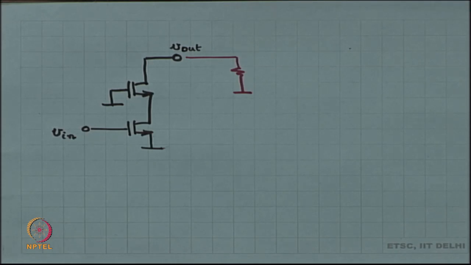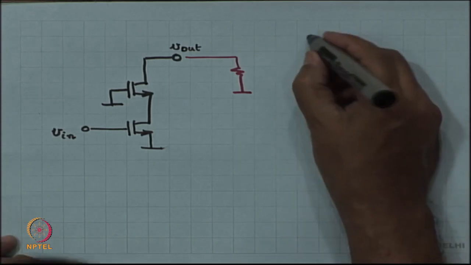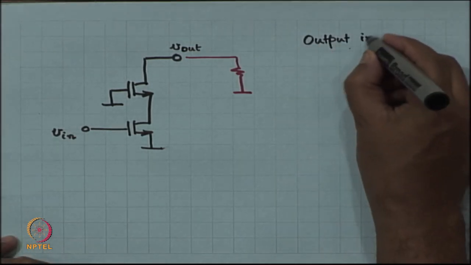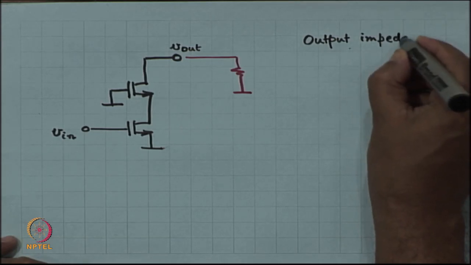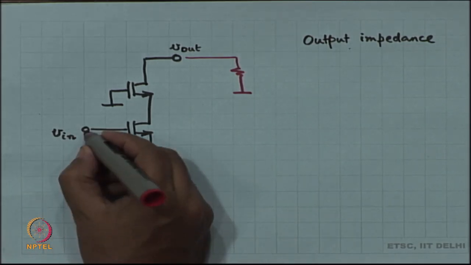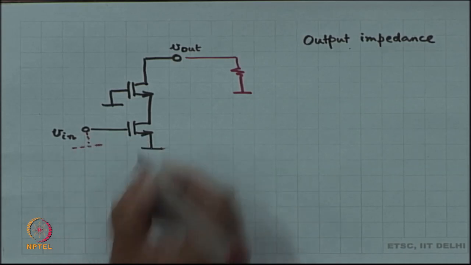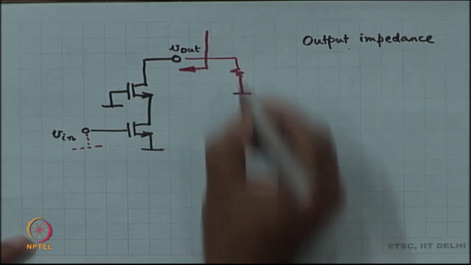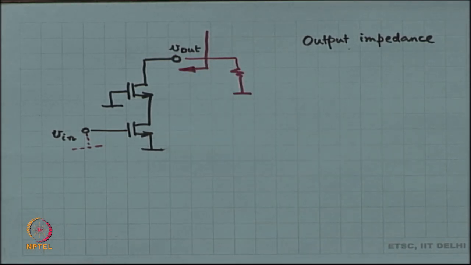So, let us start with the output impedance. What are you going to do? You are going to null the input voltage source and then you are going to look in from the output and see how much resistance you find.